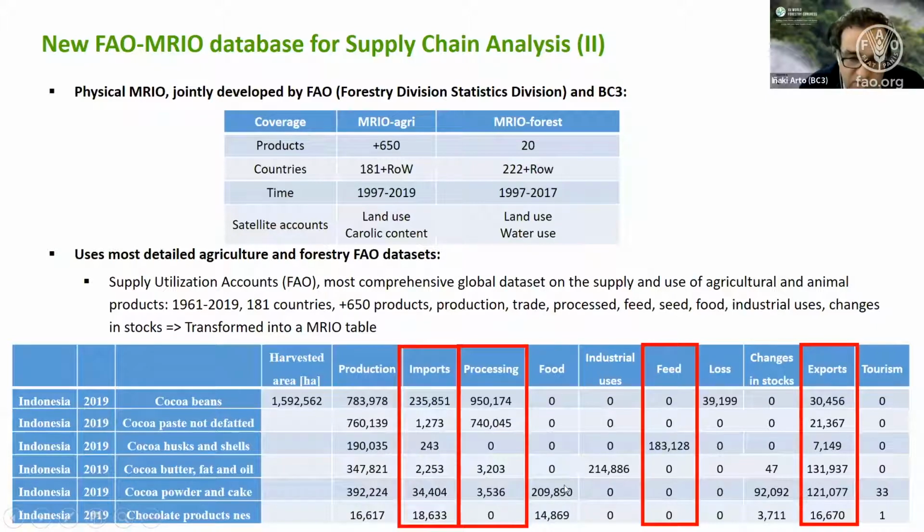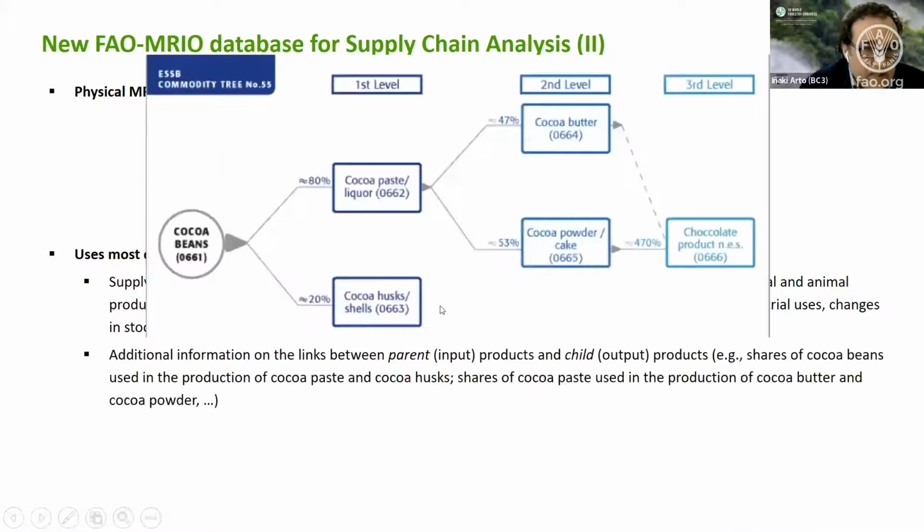We can link, for instance, in this case, the demand of chocolate products of Indonesia to the cocoa beans harvested and to the area harvested for cocoa bean production in Indonesia. And also, for instance, we can link the consumption of chocolate in Belgium also to the area harvested in Indonesia.